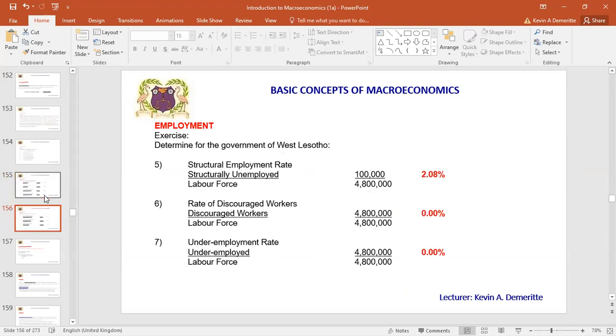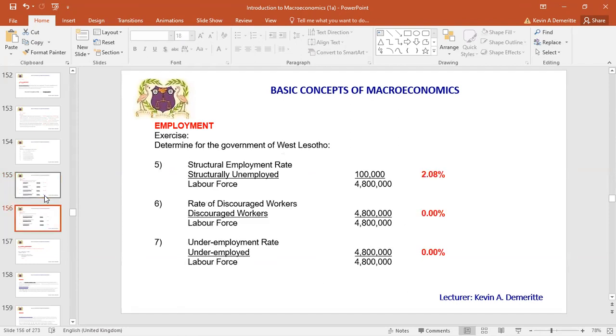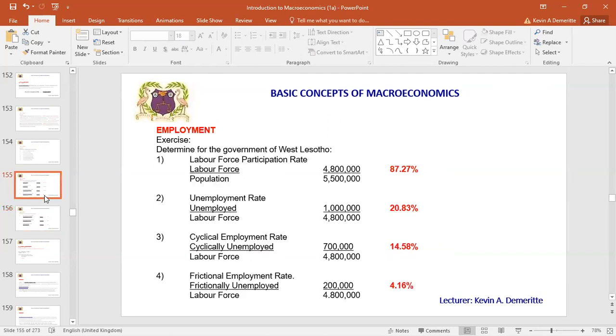14.58%, 4.16%, 2.08%. Yes. I get 20.82. Okay, so we did some rounding somewhere.